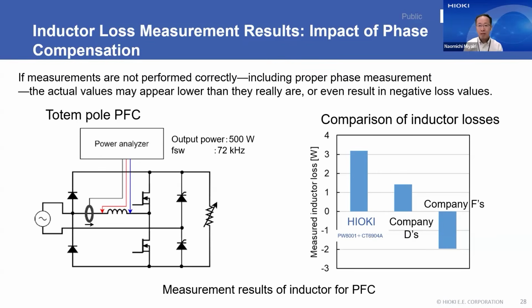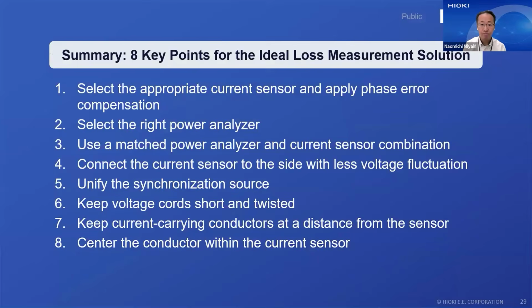All right, let me now summarize everything we've covered today before I move on into the demonstration. So the 8 key points we've covered for achieving an ideal measurement solution.